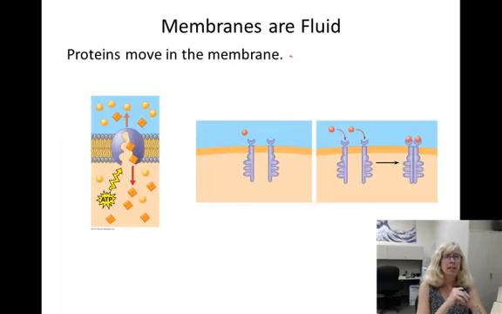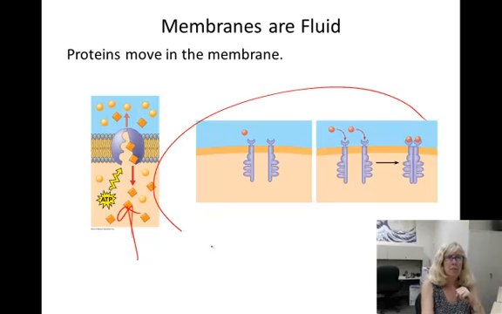Lastly, let's look at the fluidity of a plasma membrane. Proteins need to be able to move within the membrane, and here's a couple of examples. We've already seen the sodium-potassium pump, and it has to change shape in order to allow sodiums to be pumped out of the cell and potassiums to be brought into the cell. That means the protein has to be able to move within the lipid bilayer.